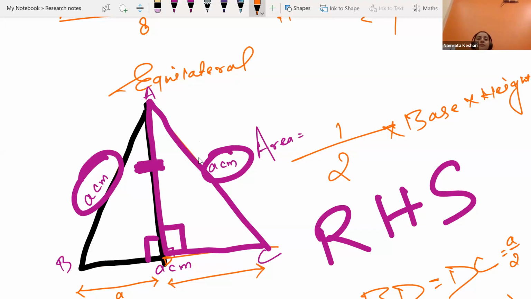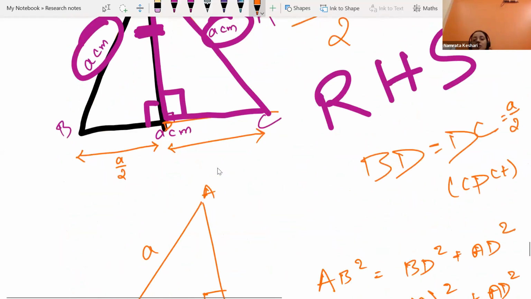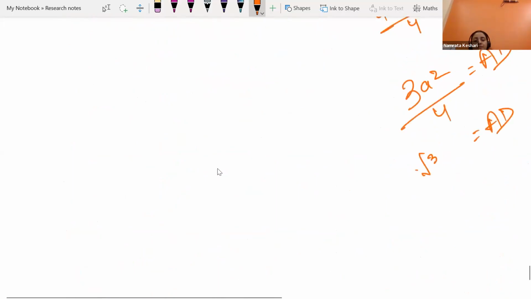And sometimes for a scalene triangle, it is not even possible to find the height. Even if you drop a height over here, you can't say these two triangles are congruent, so you won't be able to find this height. So Heron's formula is the only option you have for finding the area. That's why we are discussing this chapter. Are you understanding, Irshad? Yes, ma'am.